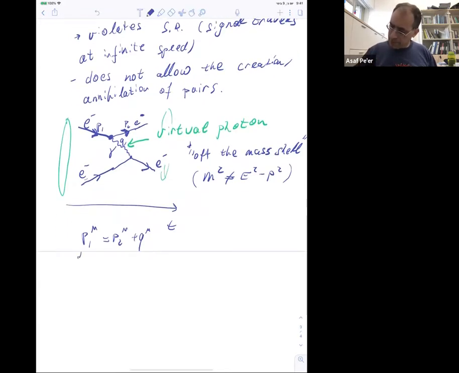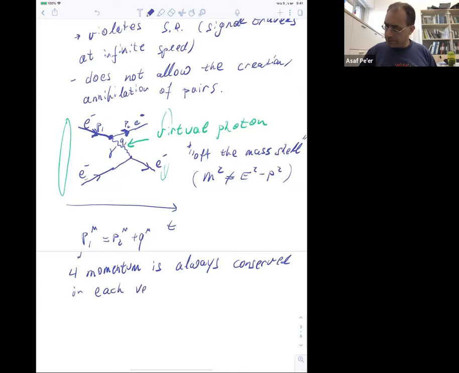Because four-momentum is always conserved in each vertex. So globally, the four-momentum is always conserved. Right, that's true for the vertex here, and that's true for the vertex here.